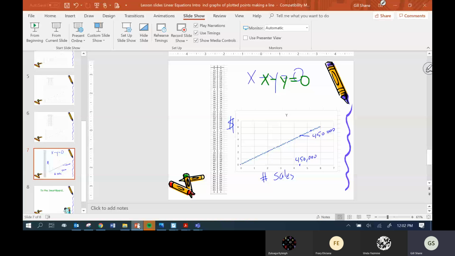We said that if we took an equation and created a whole bunch of x and y values that make that equation true, our equation in that case was x subtract y equals 0. Well, there's an infinite number of numbers that will make that true. Basically, we just need to make x and y the same number, because if you take a number and subtract it from itself, you get 0.